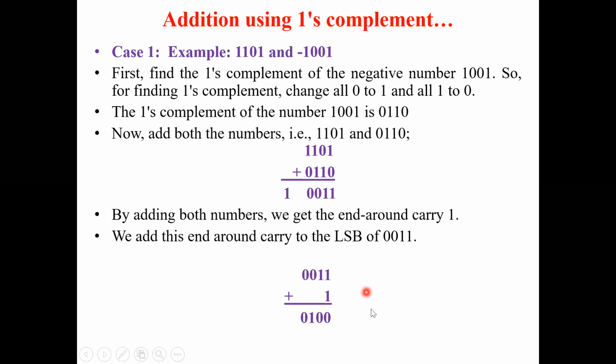This is the addition using ones complement of 1101 and minus 1001. Are the steps clear? So if the negative number has a smaller magnitude, you find the ones complement of the number and add it to the original number. If you get a carry, you add that carry to the last bit. Please take care of the carry.